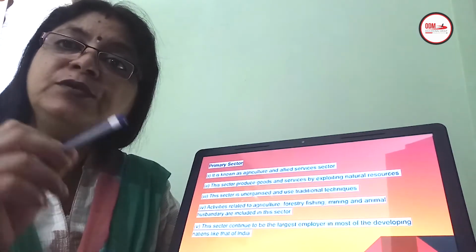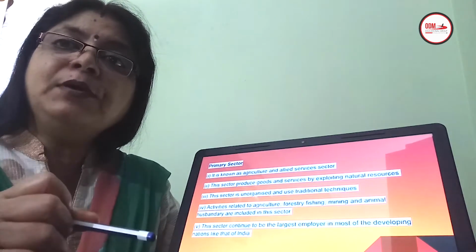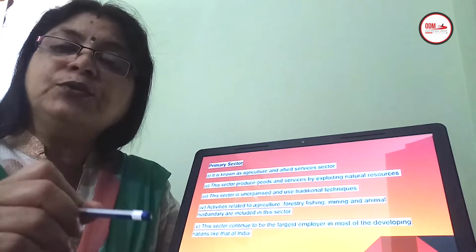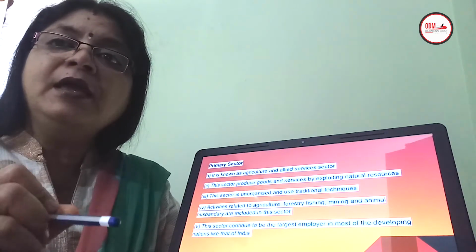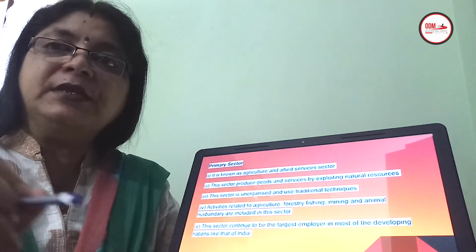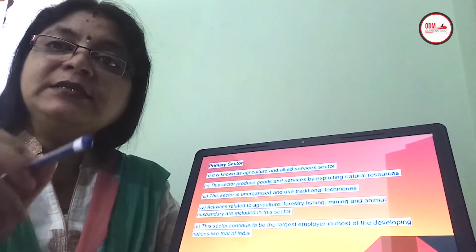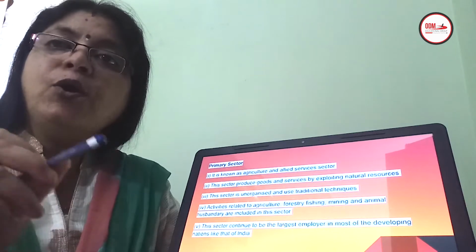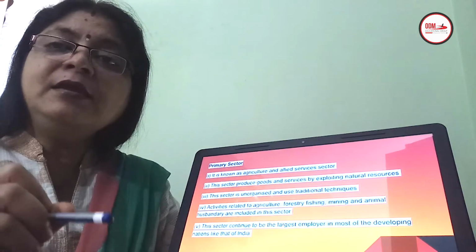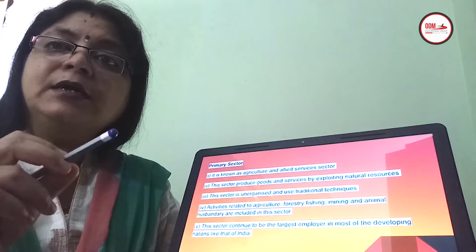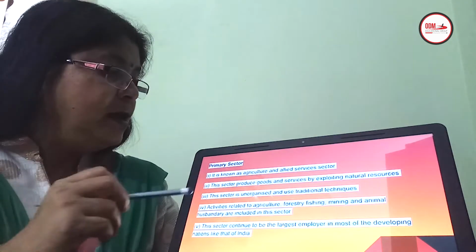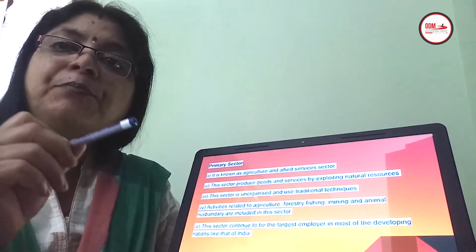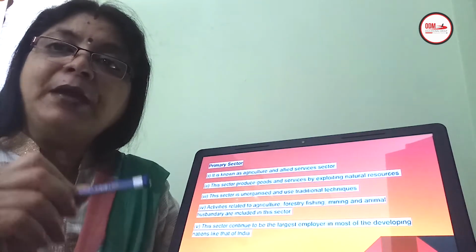Primary activities are those where people directly extract natural resources to produce something. For example, farming, agriculture, sericulture, horticulture, animal rearing, pisciculture, the catching of fish, all these are primary. Mining is also a primary activity.